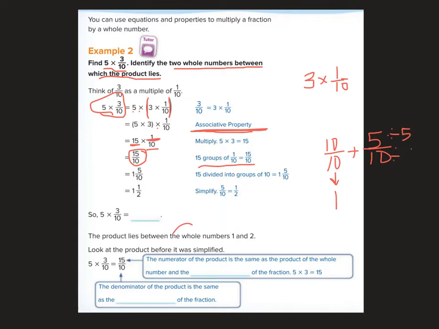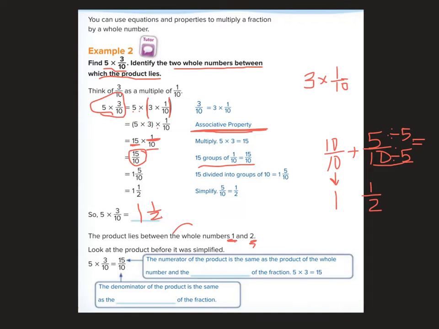I can divide both the numerator and denominator by 5. 5 divided by 5 is 1, 10 divided by 5 is 2, or 1/2. Look at that. Wow. So 5 times 3/10 is the same as 1 and 1/2. Neat. Now the number 1.5 lies between the whole numbers of 1 and 2.